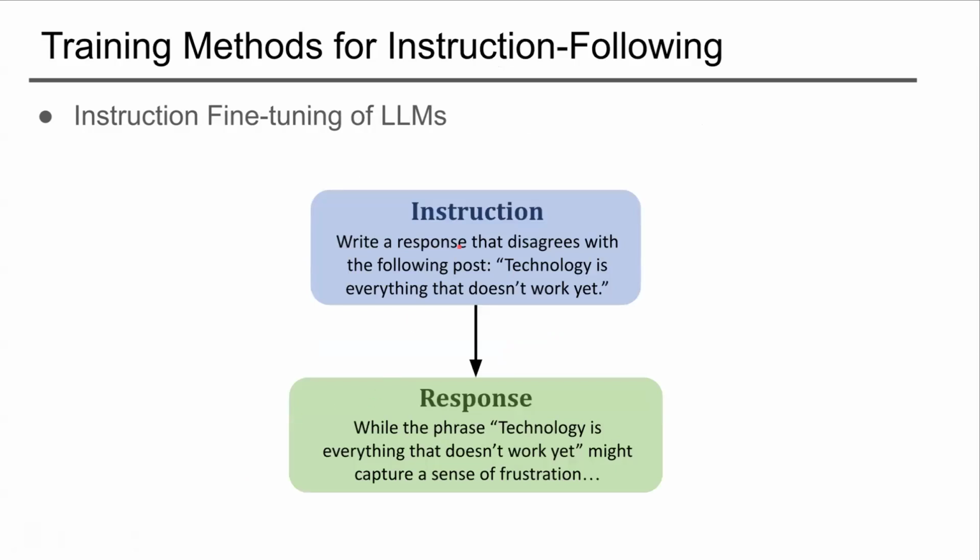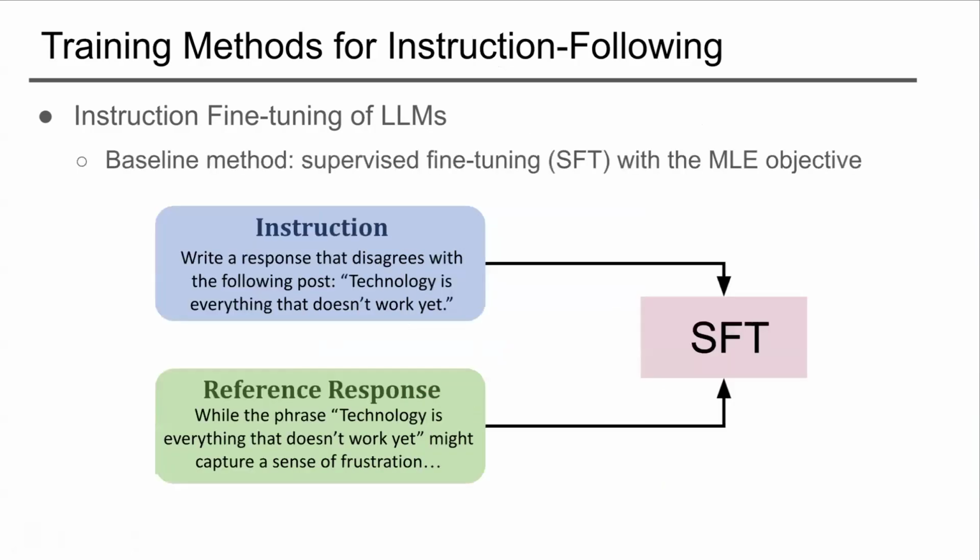I think all of you have interacted with ChatGPT or LLMs, and you know that you provide the instruction to the model and it provides a response. Just to give you a little background on how these models are trained: usually people do a first stage of fine-tuning models on responses.